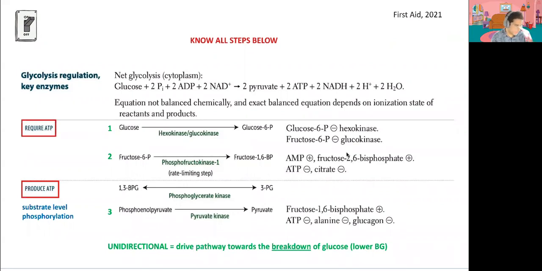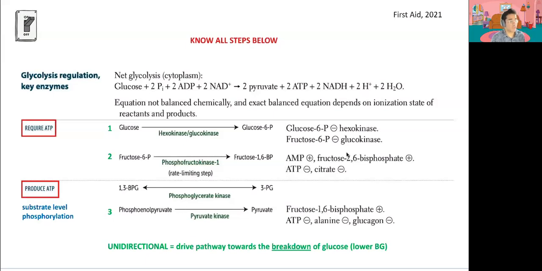Now, fructose 6-phosphate then gets converted into fructose 1,6-bisphosphate, very critical to remember, and the regulatory components that play a role in this enzyme's function, phosphofructokinase 1. Remember, it's the first rate limiting enzyme. You got to know this one very well because there are multiple factors that play with it. AMP, your body's already used up a whole bunch of ATP. Boom, it's going to upregulate phosphofructokinase.